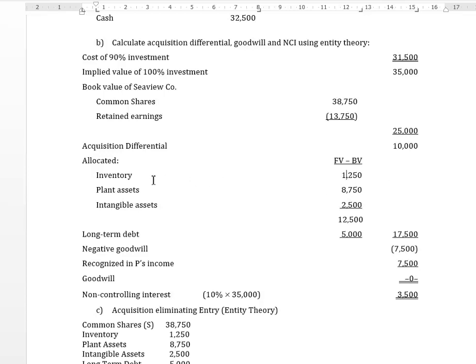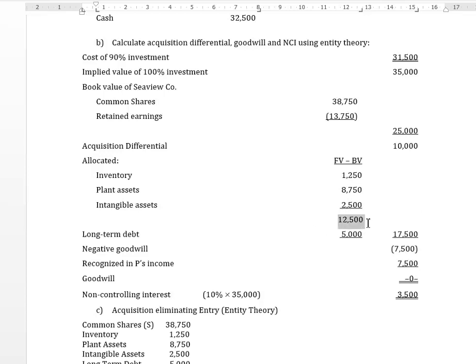I compare the fair value to the carrying value, and fair value is $1,250 more than carrying. Plant assets, similarly. The plant assets had a fair value which exceeded the book value by $8,750, and my intangible assets, their fair value exceeded book value by $2,500.